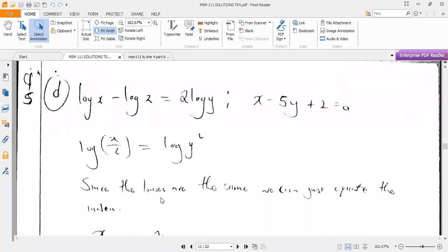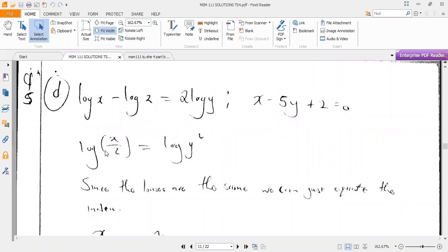So when you have that there, since the bases are the same, we can equate those two using the equality rule. Using the equality rule, you have noticed that here the base is the same as the one on this side. So we can even assume that the arguments are the same.